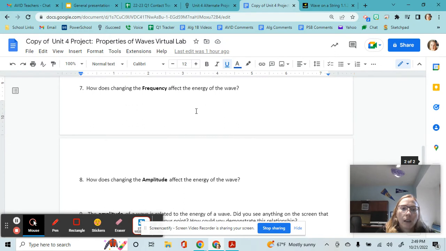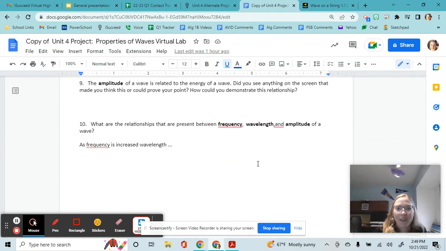And then changing the amplitude, how do both frequency and amplitude affect energy? So I kind of talked about that. And then the amplitude of a wave is related to the energy of the wave. Did you see anything that made you think you could prove your point? Or how could you demonstrate this relationship?